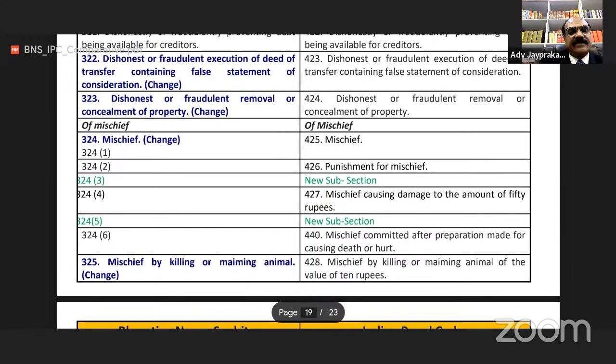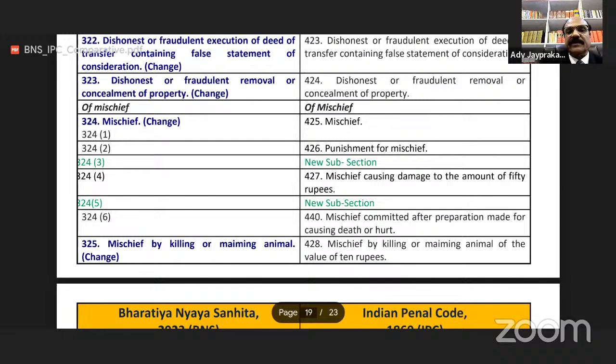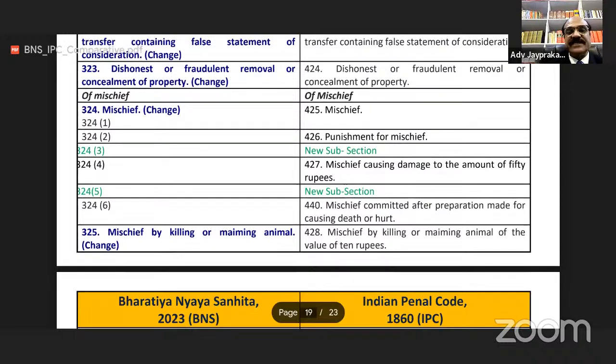BNS section 324.1, BNS section 324.2, punishment for mischief. Its earlier section was in IPC 426. There is a new one, section 324.3, new subsection in BNS.